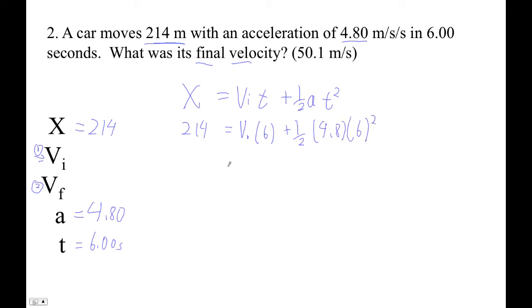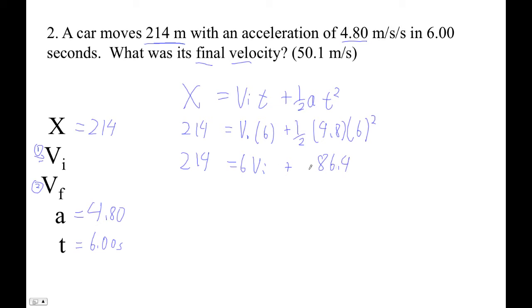Okay, so here we go. Now this is going to take some maths. Okay, so what I'm going to do is I'm going to go 214 equals 6 VI plus, and then let's just bust this out here. So 0.5 times 4.8 times 6 squared. That's actually 86.4.